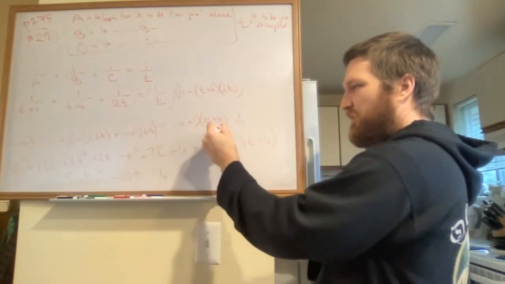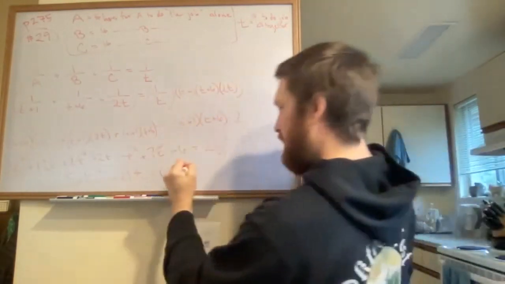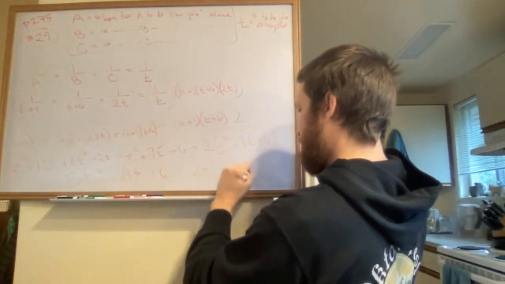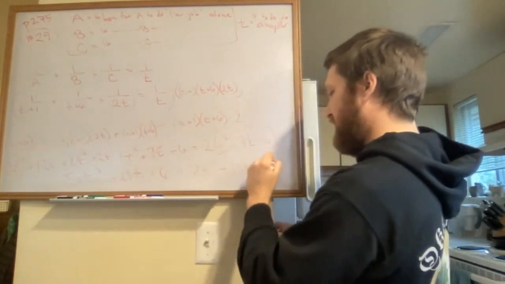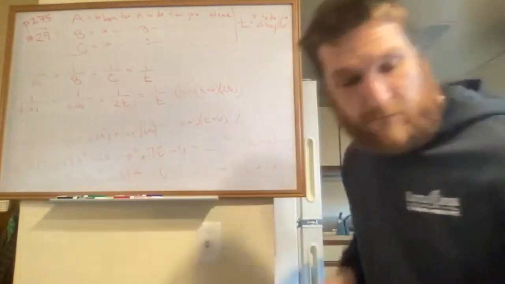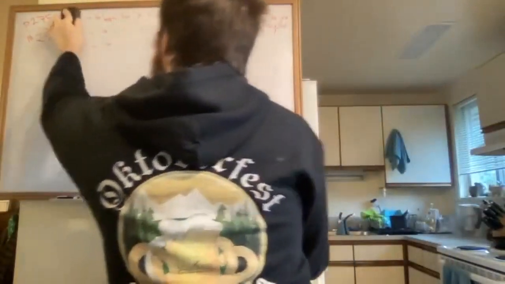This guy's going to distribute over into each one of these. All right, so you have 2t squared plus 14t plus 12. Okay, so now I'm going to erase the top stuff and take this and rewrite it up here. All of this we have dealt with.